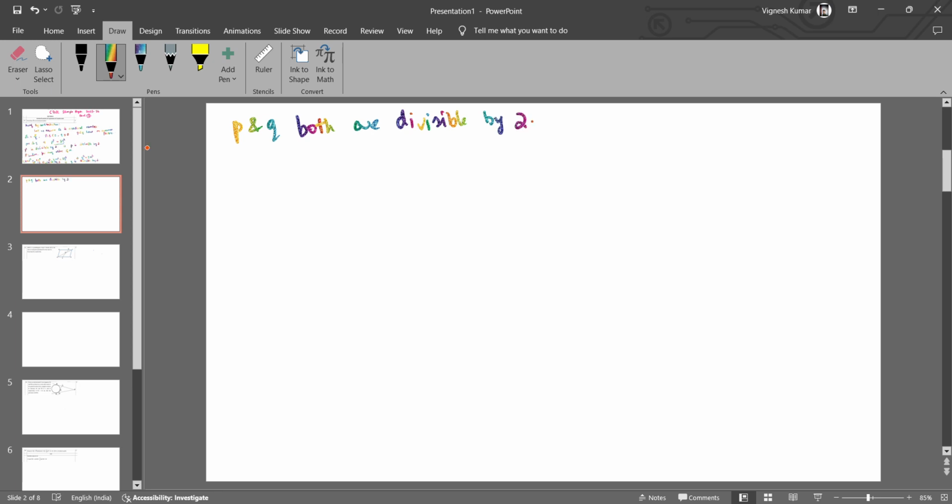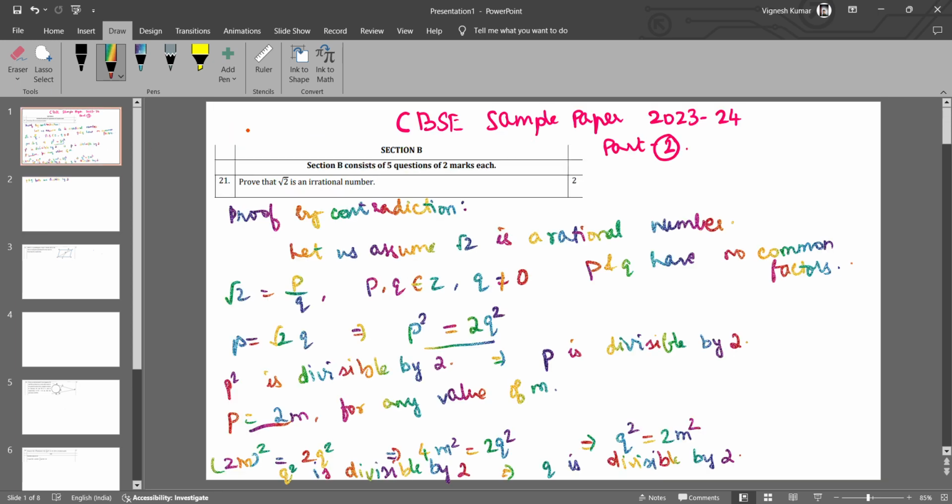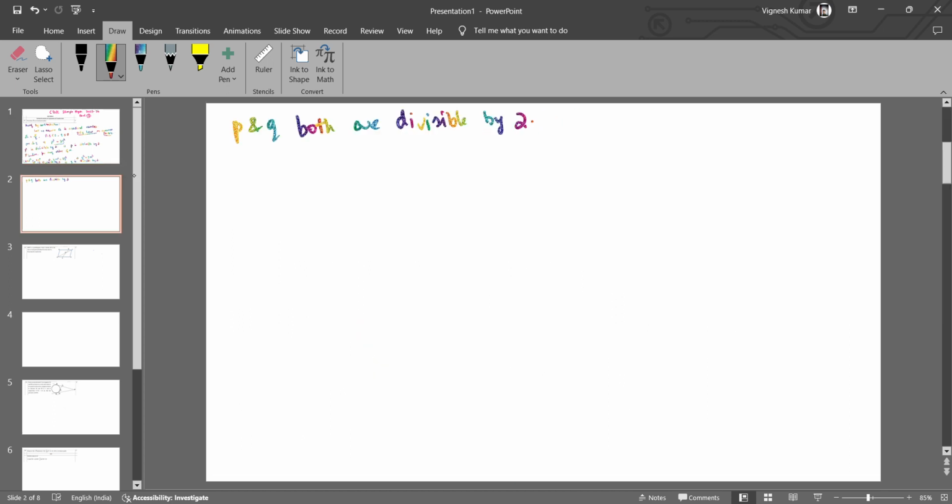But isn't it contradictory to our assumption that p and q have no common factors? Yes, it is contradictory to our assumption that p and q have no common factors.